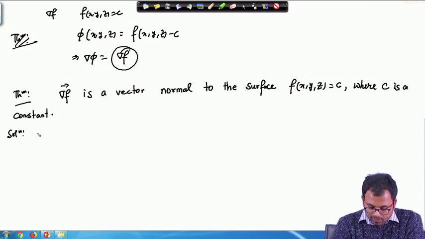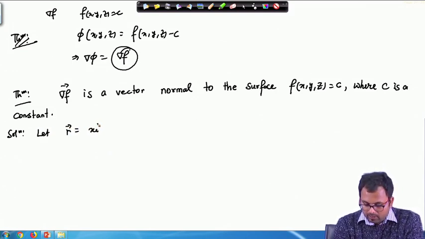So, let us see. Let r equal the vector x i plus y j plus z k.